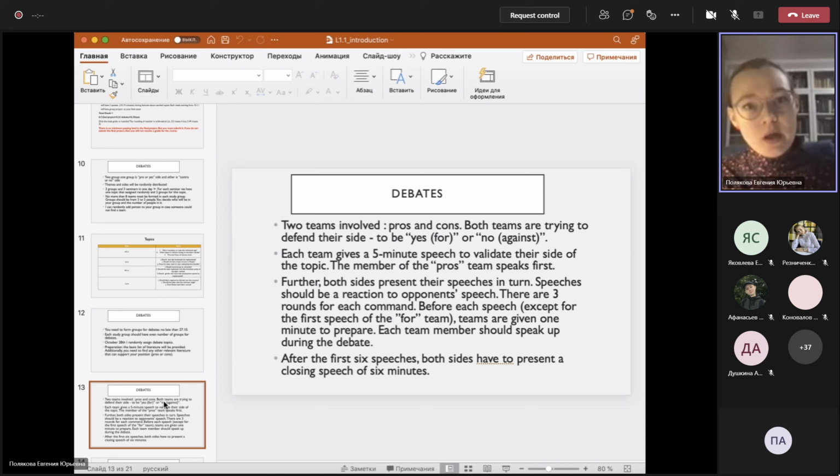You say no, raising the retirement age was a bad idea because we have that problem. Then both sides present their speech in turn. So, introduction 5-minute speech, and then the pro side reacts to the speech of the opposite team, and the counter side reacts to the speech of the opposite team, in rounds.